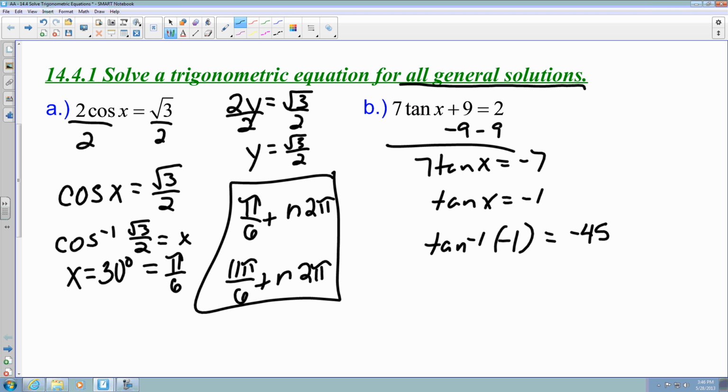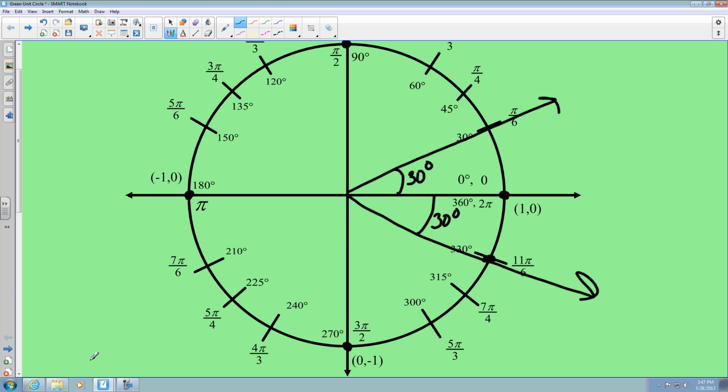So in radians, that's going to give me negative pi over 4. But what I want to do is find the positive ones of these. So if I go back to my unit circle, let me do some erasing from previous ones.